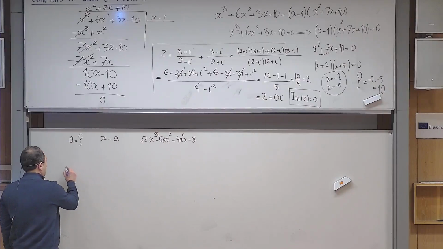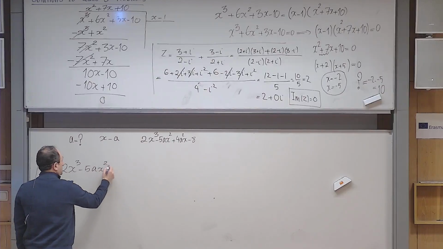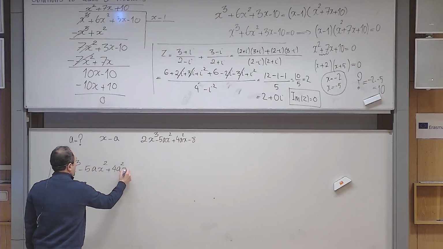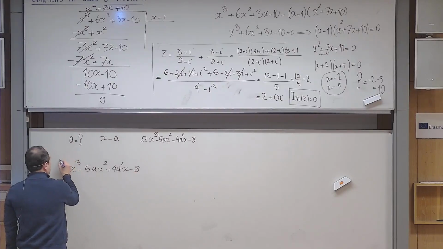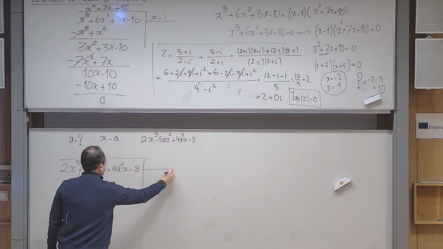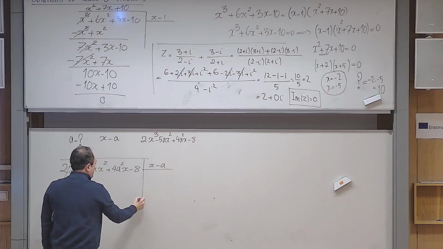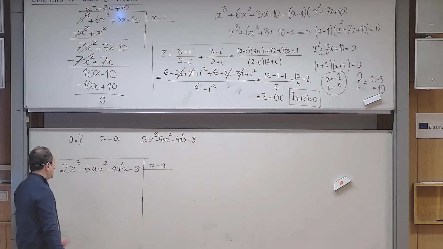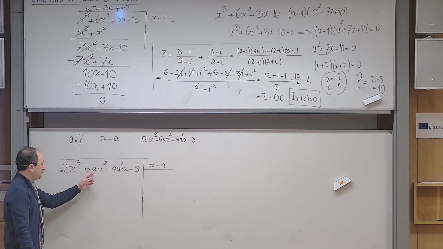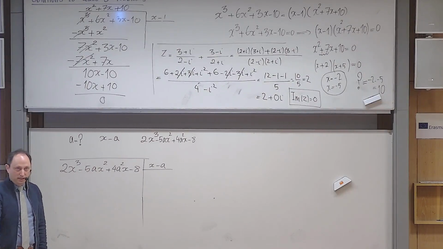Let us do that. So I will take 2x cubed minus 5ax squared plus 4a squared x minus 8. And I divide this by x minus a. It's a little bit, of course, harder than usual because you have to work with algebra rather than adding the numbers, because this a is with you until the end of the problem.